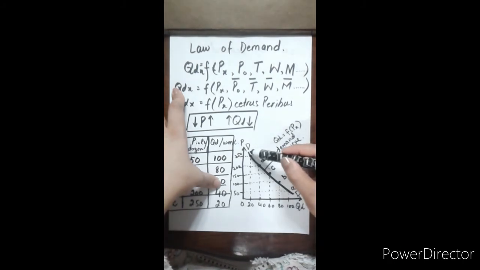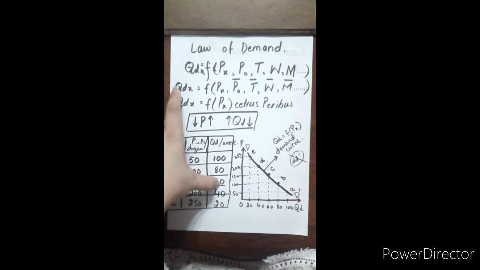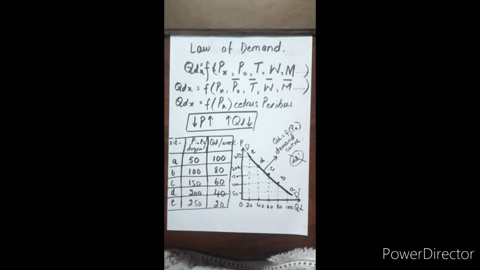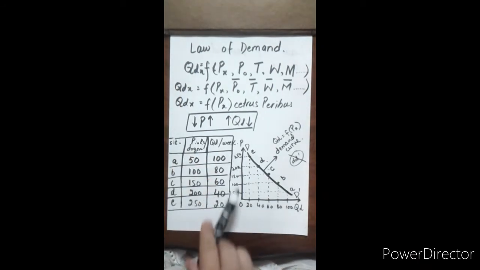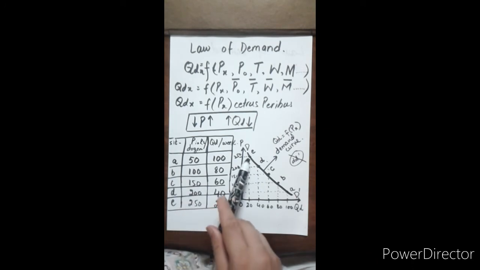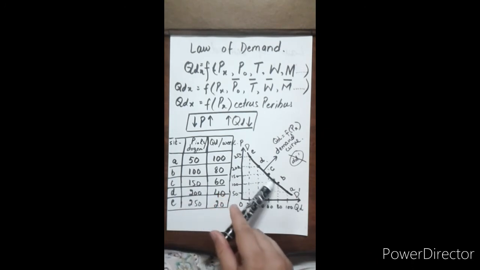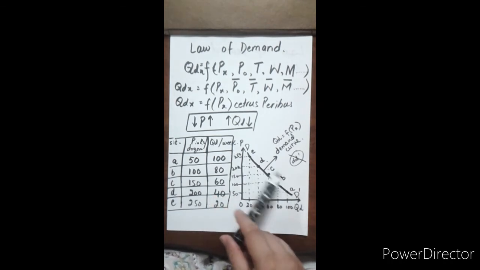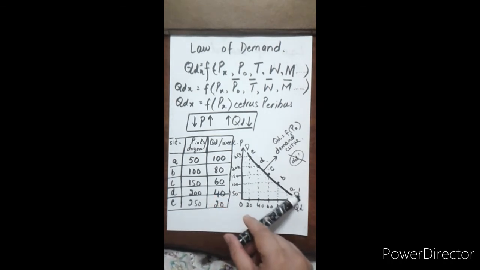Now, even if you don't know what variables are being taken on the x-axis and y-axis, just by looking at the graph, you should be able to tell what is going on. Any person knowing a little bit of math should be able to do that. If a graph goes downwards from left to right, it is called negatively inclined or negatively sloped.